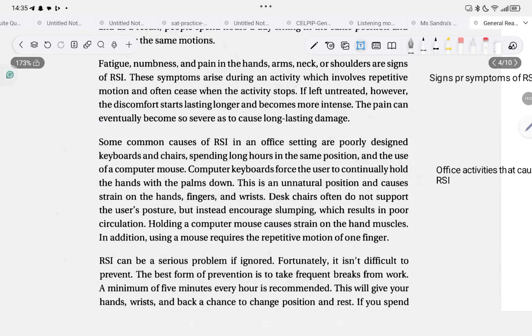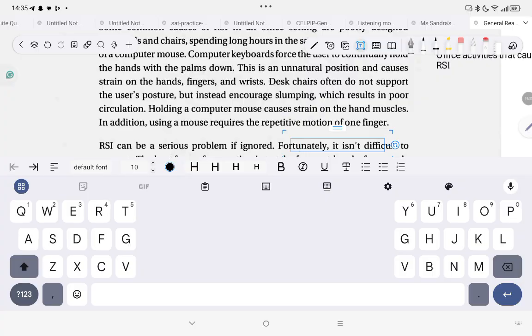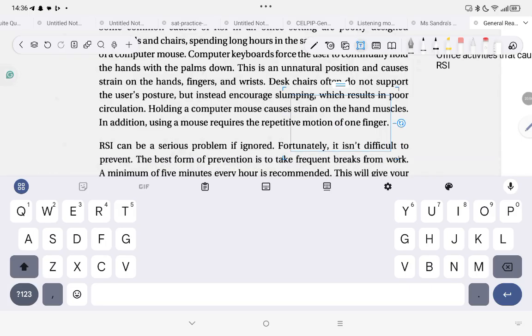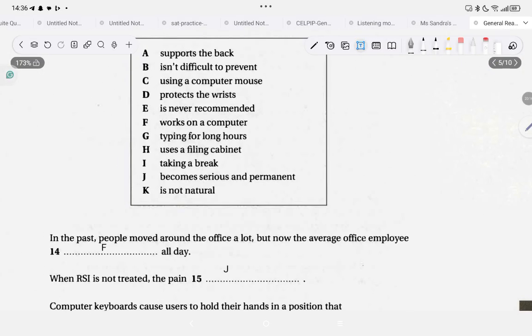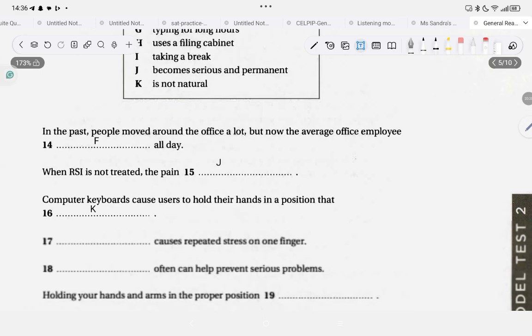It says here, holding a computer mouse causes strain on the hand muscles. In addition, using the mouse requires the repetitive motion of one finger. So it's using a mouse. That would be option C.